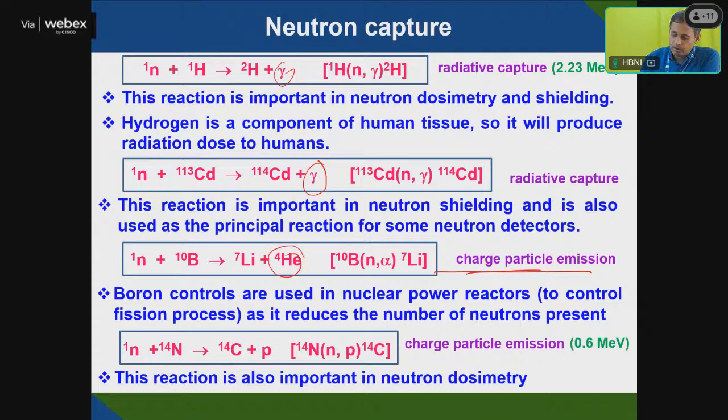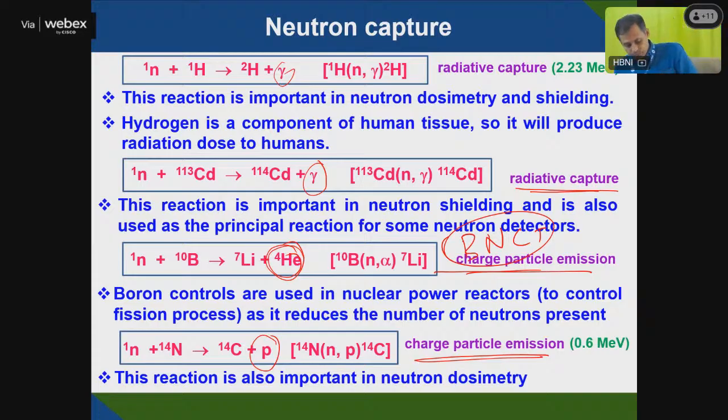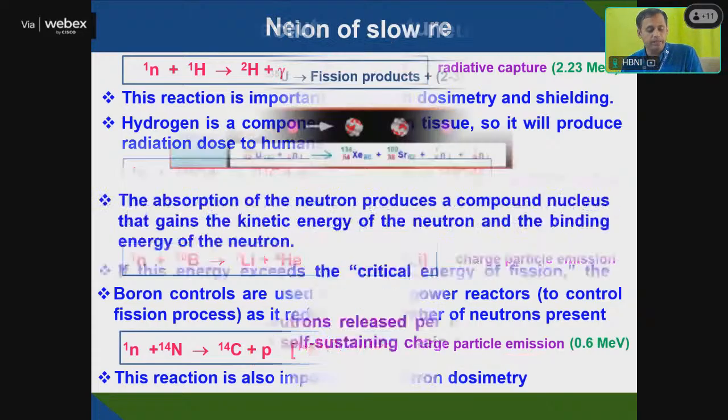This is BNCT, boron neutron capture therapy, which is generally used for cancer treatment. The helium, the alpha particle coming out, is what is used for cancer treatment. And similarly, boron with nitrogen gives carbon-14 and a proton. So charged particle emission is possible, and radiative captures are possible. This is important mainly for neutron dosimetry studies.